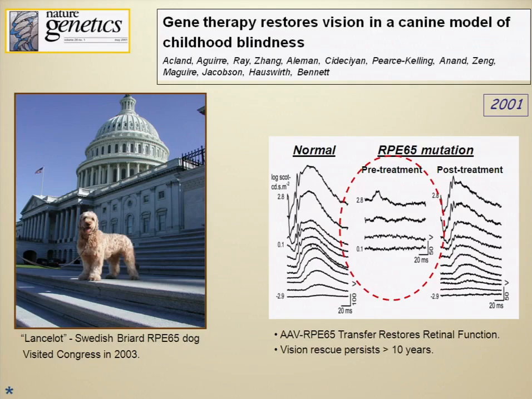Obviously, great story to take down to Congress. Everyone loves dogs, everyone loves genetic stories, so he is our best ambassador for vision. Literally, Senator Harkin has met him, etc.